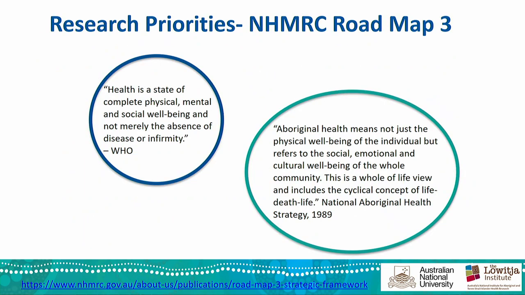Then we also have the NHMRC. I'm not showing the ARC research priorities. Roadmap 3 is the research policy document for priorities. You can see here that their priorities, the first is around research that is focused on the health system, social and cultural determinants. You can see we kind of got into every kind of guideline development process or priority setting with cultural determinants.